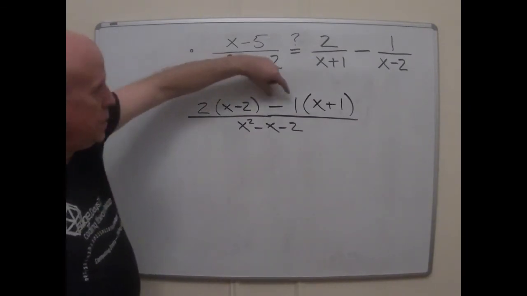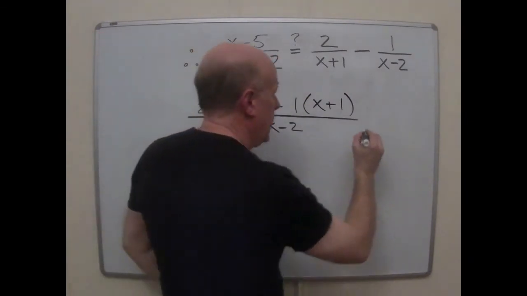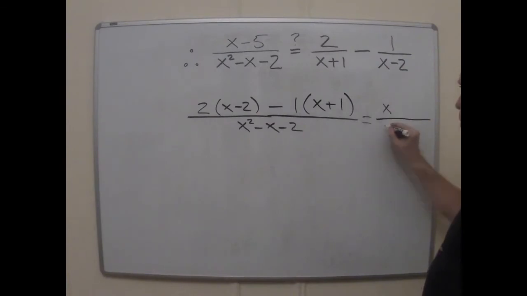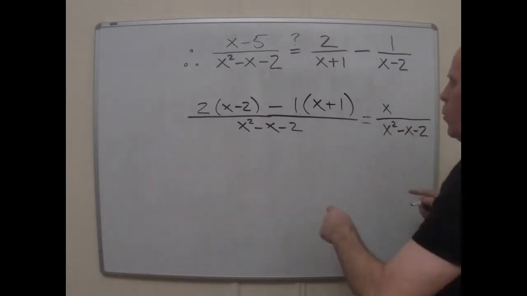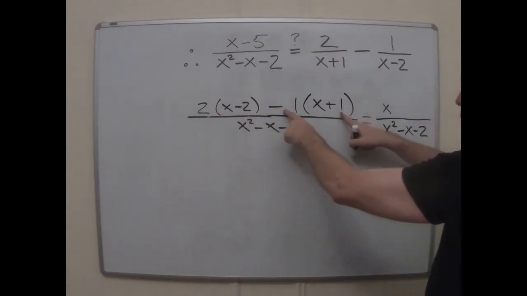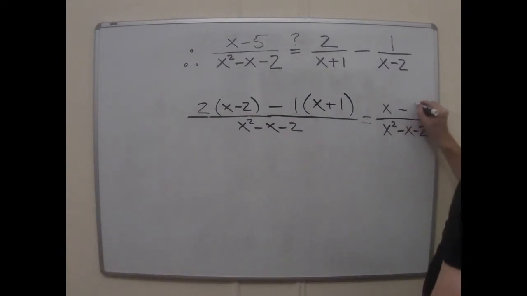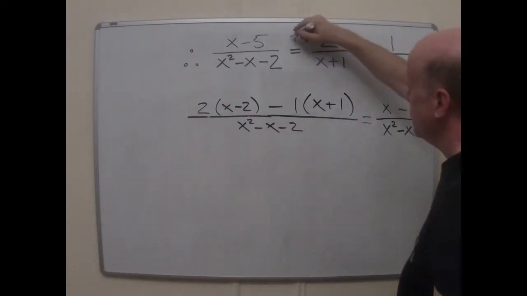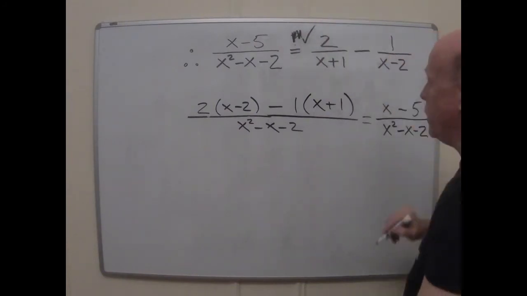It's 2x minus x, so that's an x. The bottom, I'll just copy it, x squared minus x minus 2. What is the constant terms? Minus 4, minus 1, that's minus 5. Okay, so yay, it's right, and that's not in question anymore, it's verified. Right?